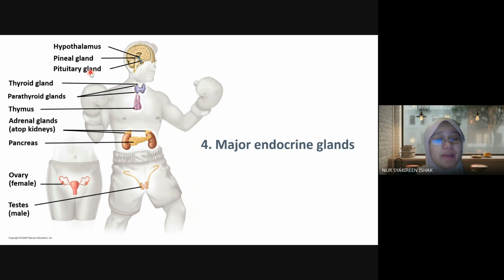If you look at the location, the pituitary gland is located in your brain. But where is the target organ? It will flow through your bloodstream until it reaches the target organ, which is the gonads. For female it is the ovary, for male it is the testis. Nampak tak ada jauh nak kena travel. So it has to be transported through your blood circulation, through the circulatory system.